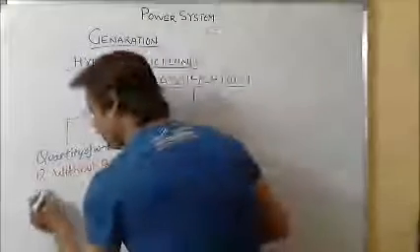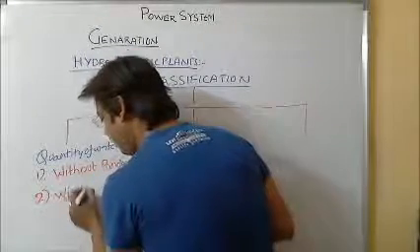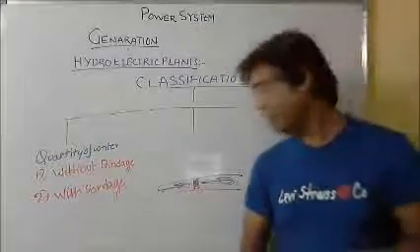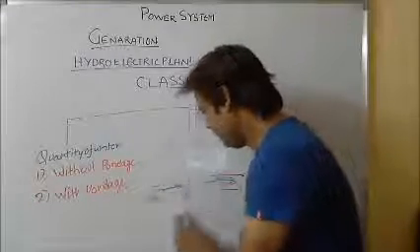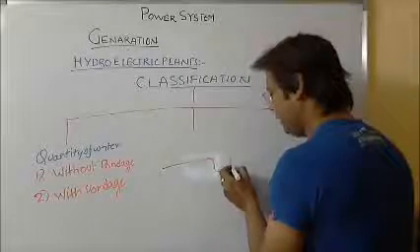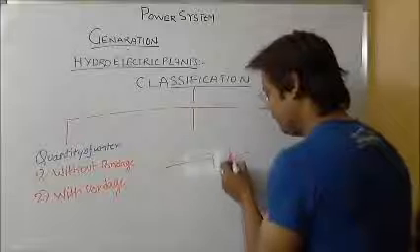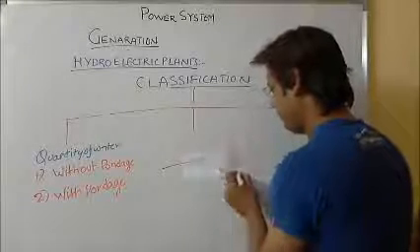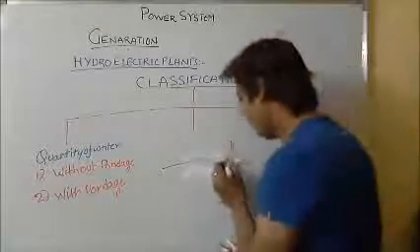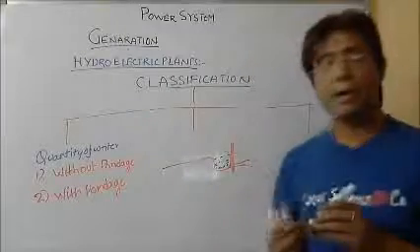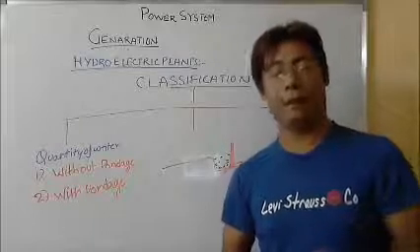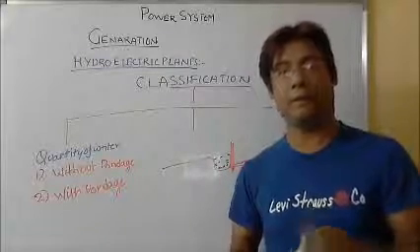So we can consider another one, with pondage. I can have a pond behind it. I can have an arrangement such that the water is flowing here, and I have one pond here, after that I have my generation dam over here, and after that it is again going into the stream. In this manner I can have water collected over here, and the water being collected will be used for future use, in the dry season.